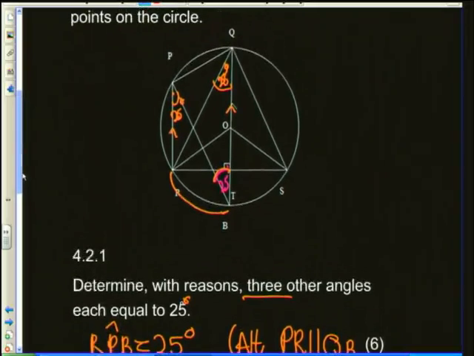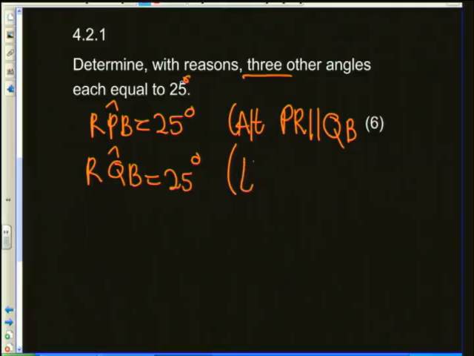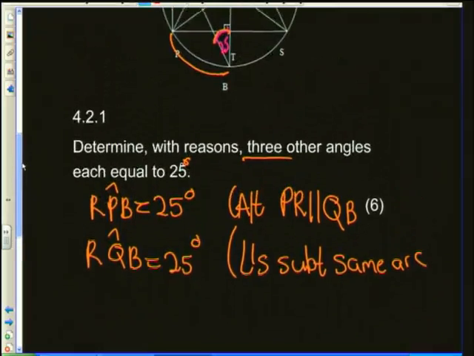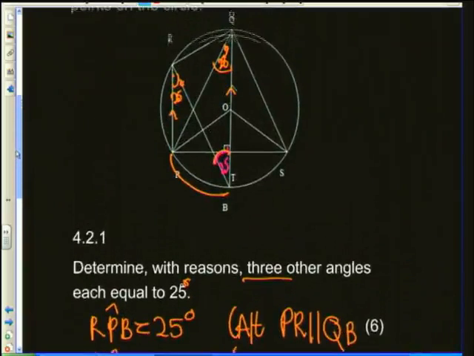Angle RQB is also equal to 25 degrees, and the reason would be angles subtended by same arc. And what is the name of the arc? It's PB.